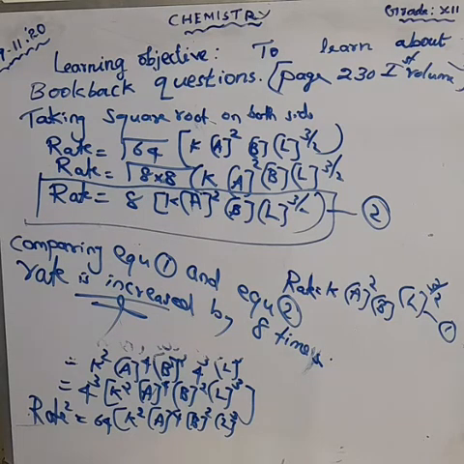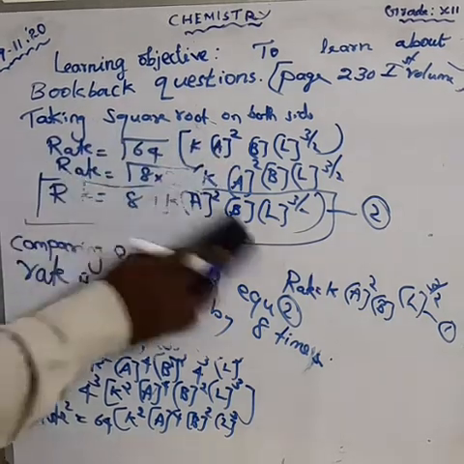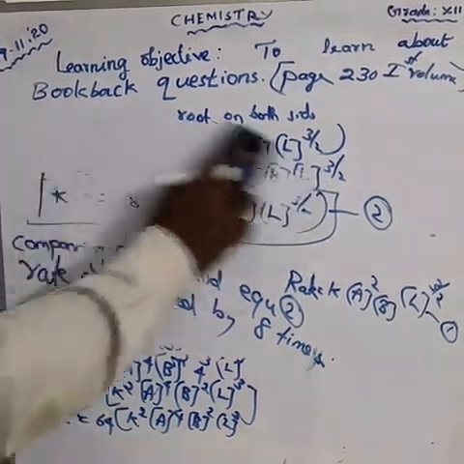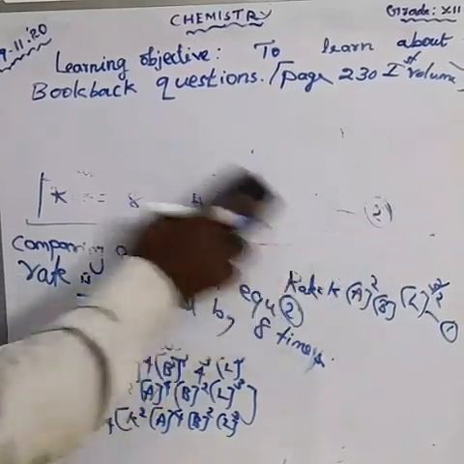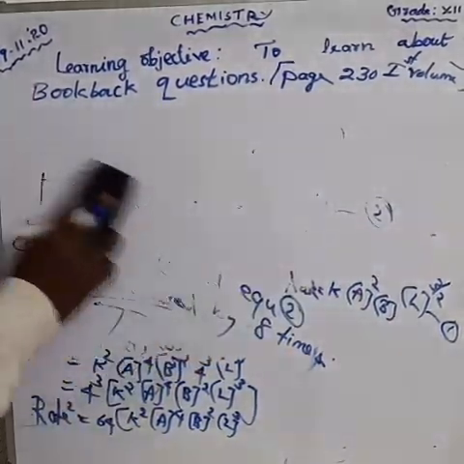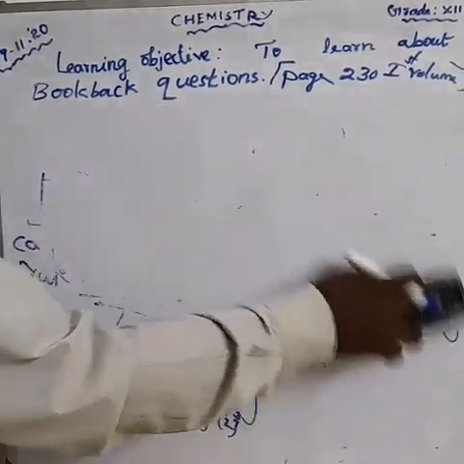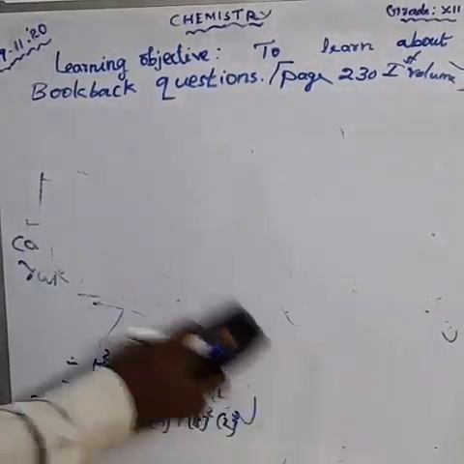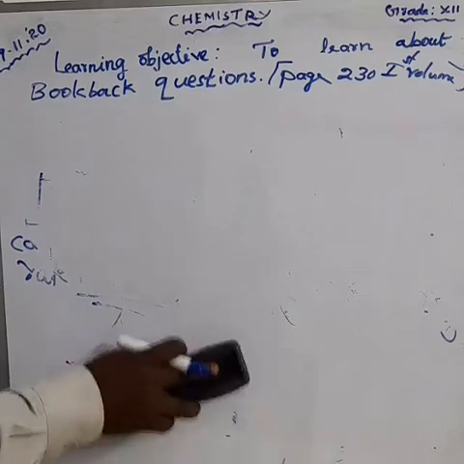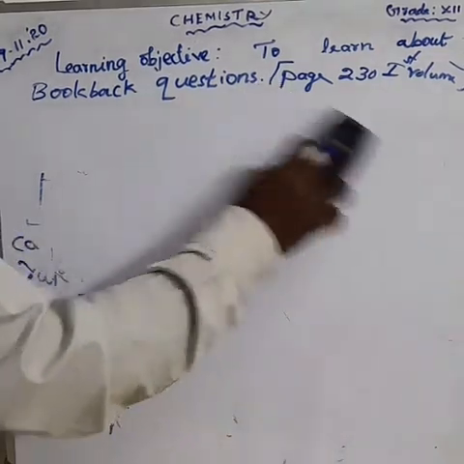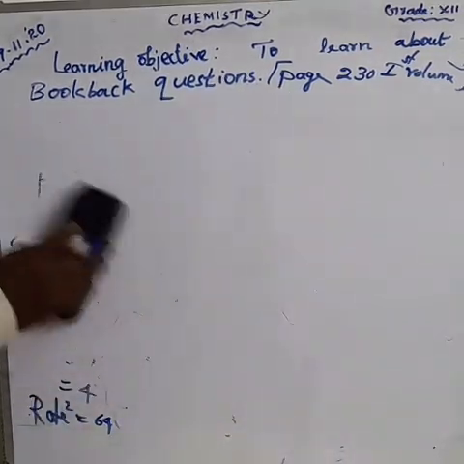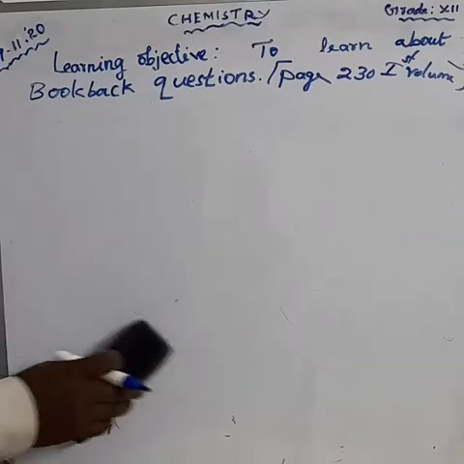Concentration of both A and B are doubled. Okay. So what is the answer? Shall we write down? Every time we should write the rate formula.